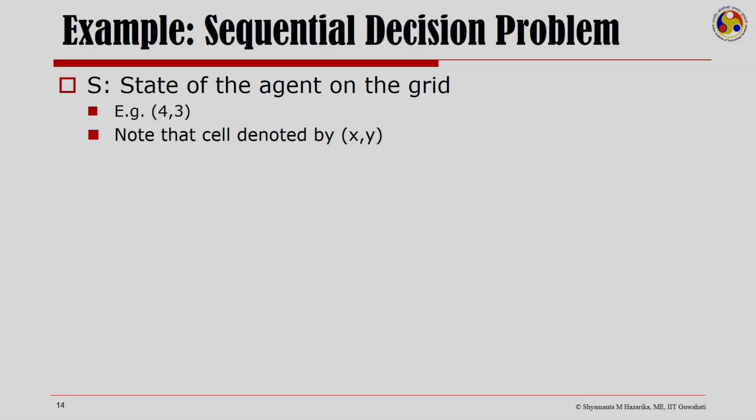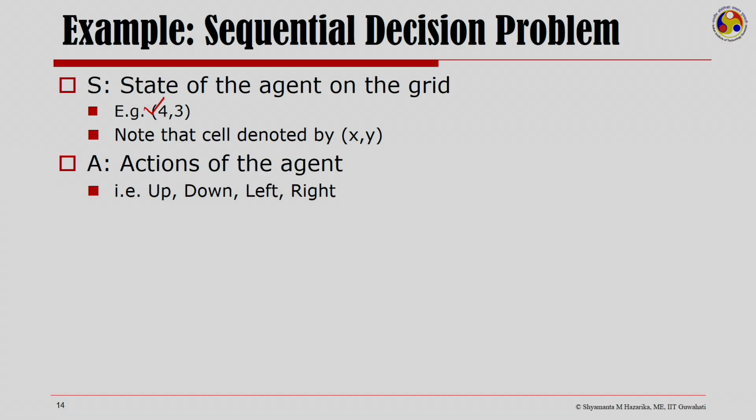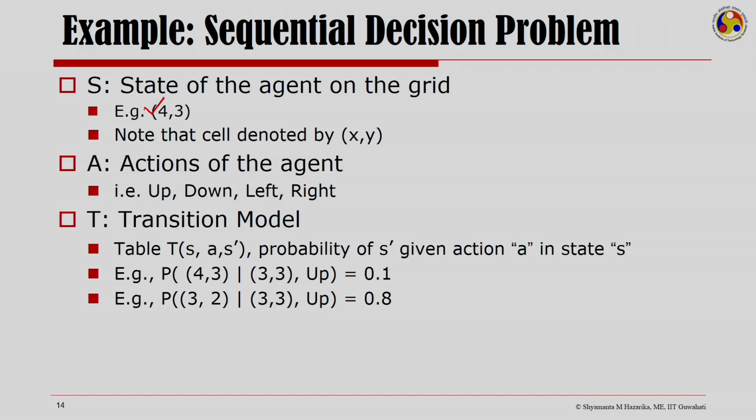Now, for the example problem that we had started our discussion today, let us look at what these elements of the 4-tuple are like. So, we have S, the state of the agent on the grid. So, it could be like 4, 3. The cell denoted by x, y is the state of the agent. We have actions; in our case, as already noted, the agent can go up, down, left and right. We thereafter have the transition model.